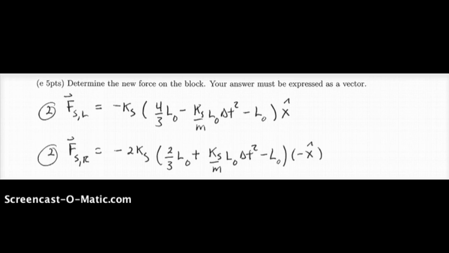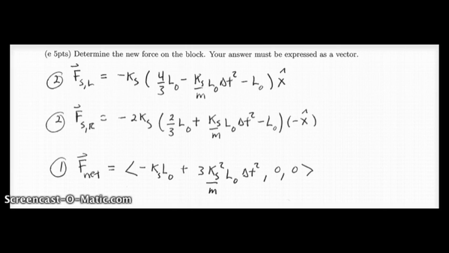The force from the right spring is -2 times K sub s times the final position 2/3 L sub 0 plus K sub s divided by m times L sub 0 times delta t squared minus the relaxed length of the spring, which is L sub 0, times -x hat, which is -1, 0, 0, because, like we said before, the right spring is being compressed while the left spring is being elongated.